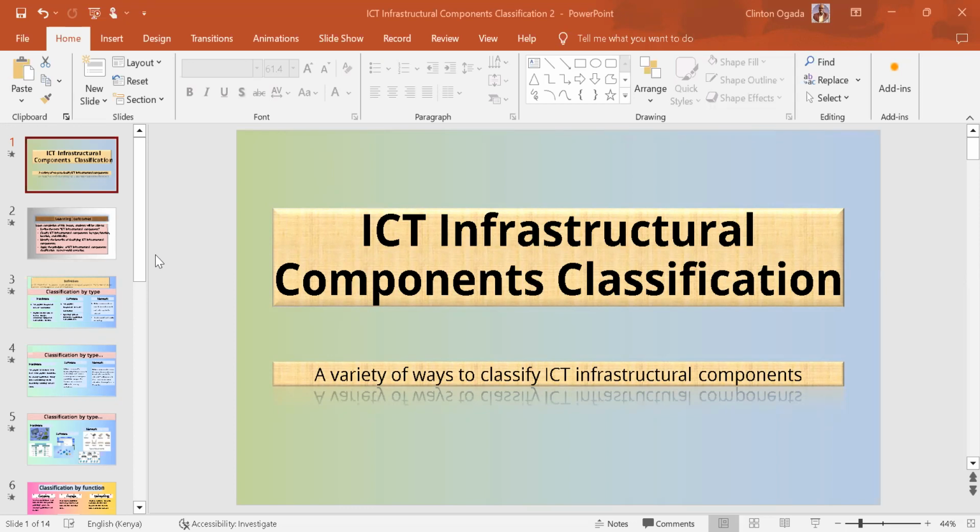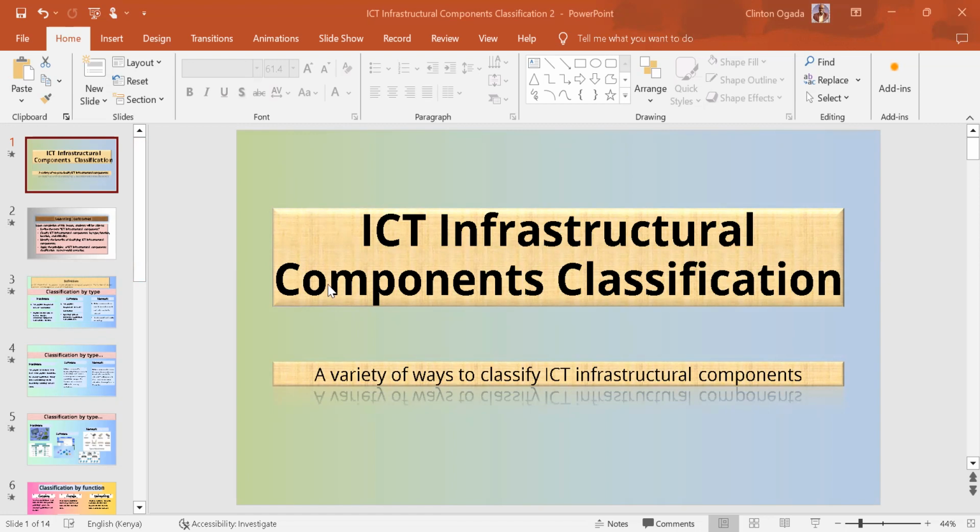I'm Jairus Kirui, and my expectation is that we are going to handle the infrastructure related to information communication technology and look at some of the components of this infrastructure. Thank you, Jairus. Thank you for sharing.